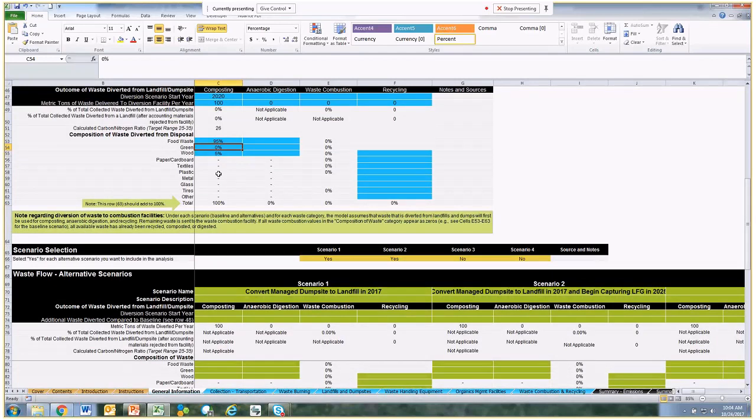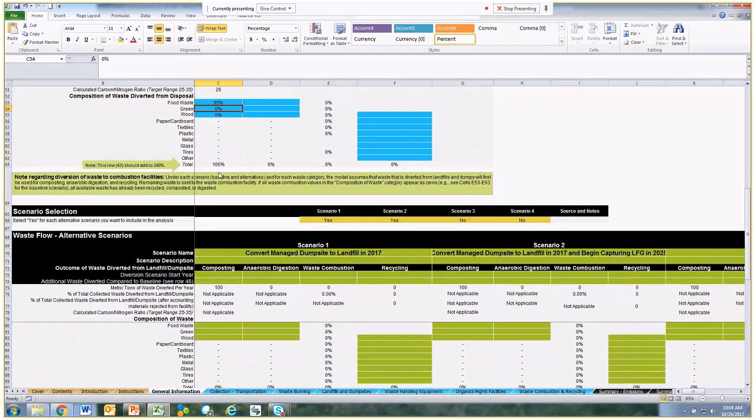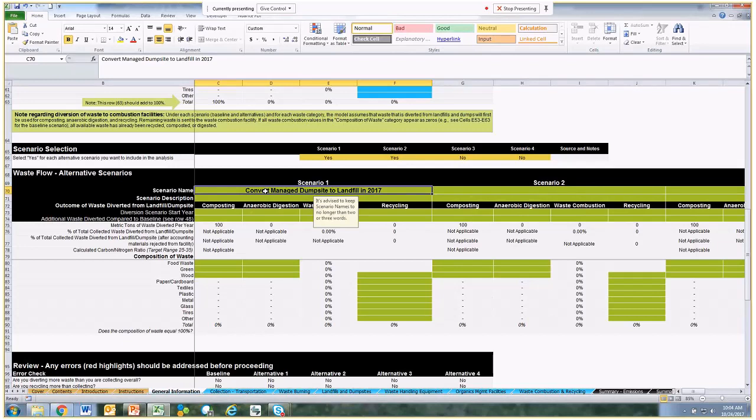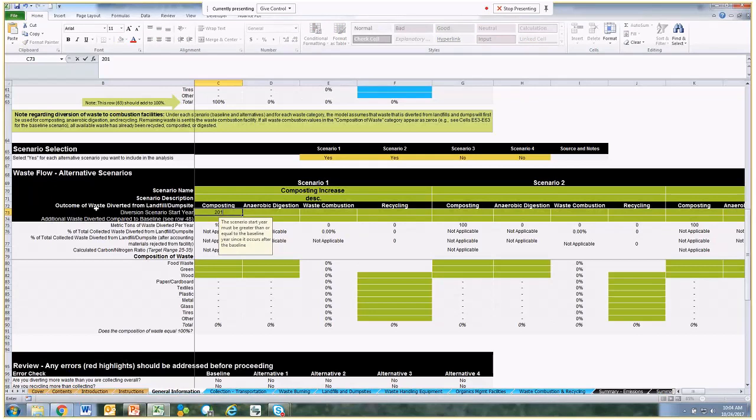Further down, we ask for waste flow for the alternative scenarios. So in alternative scenario 1, which you can call composting increase or something like that, you can provide a description, and then here you would say, all right, for our alternative scenario, rather than beginning to compost in 2020, we're going to start in 2018.